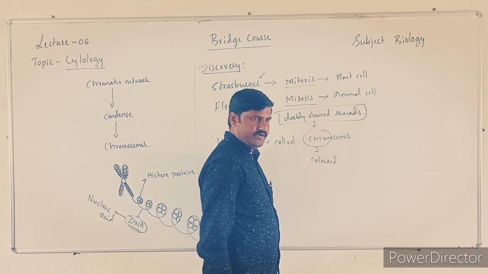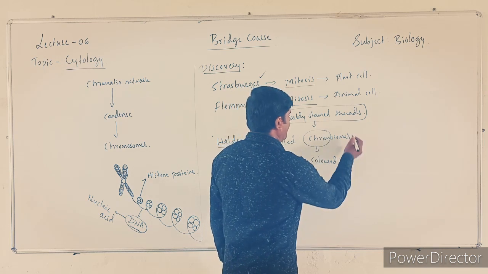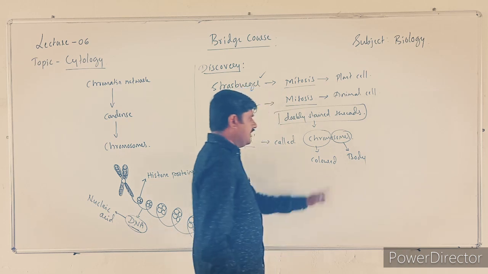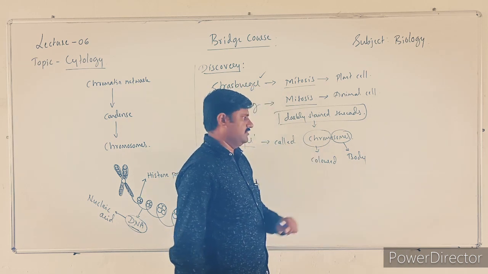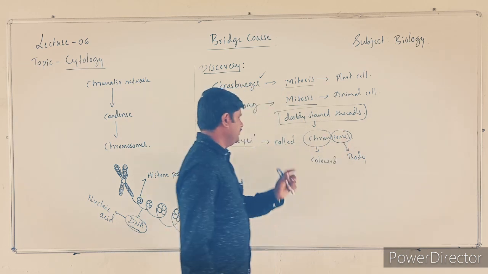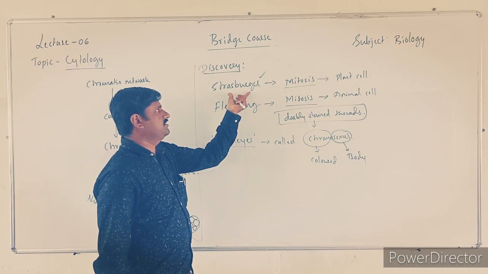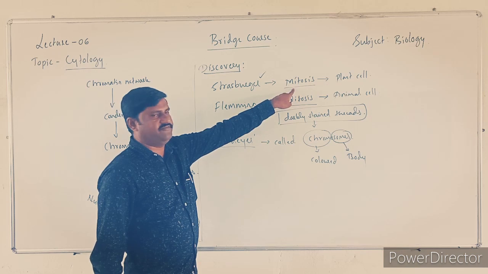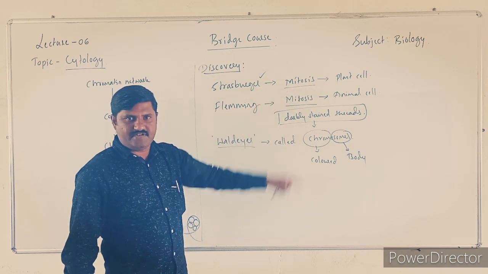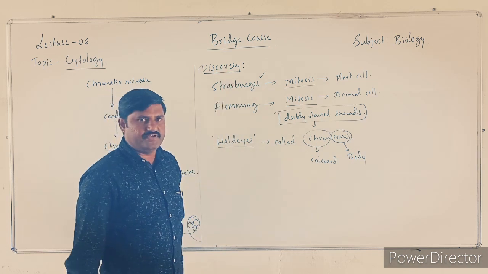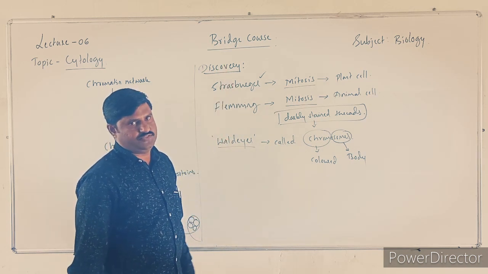In the last video I had mentioned the meaning of this, chroma, and soma means body. Colored bodies they are. They are nothing but chromosomes, named by Waldeyer and identified by Strasburger in a plant cell during the study of mitosis, as well as by Fleming, another scientist. This is about the discovery of these chromosomes, right?